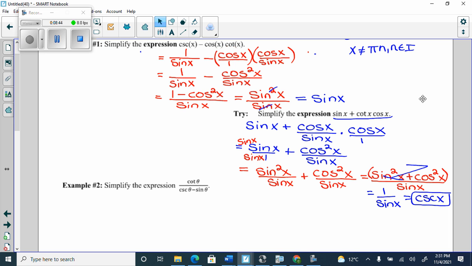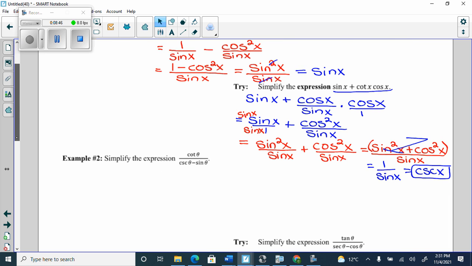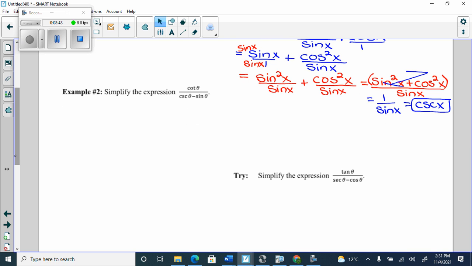Okay, we're going to try example 2. Looks a little more advanced. Well, it's a fraction over fractions. So what's cotan? Cos x over sine x. It is cos over tan, but I'm going to do cos and sines instead.